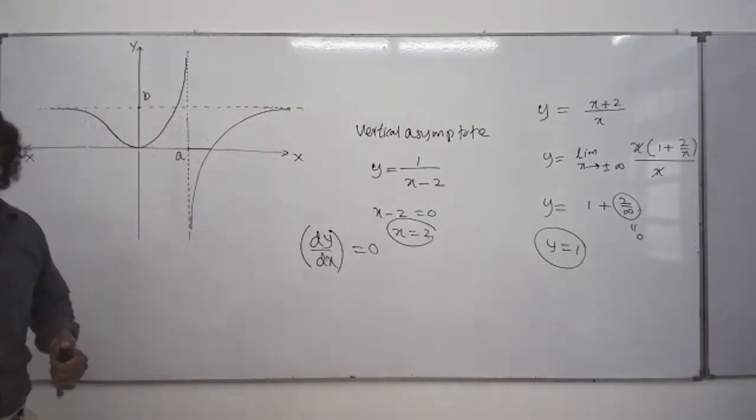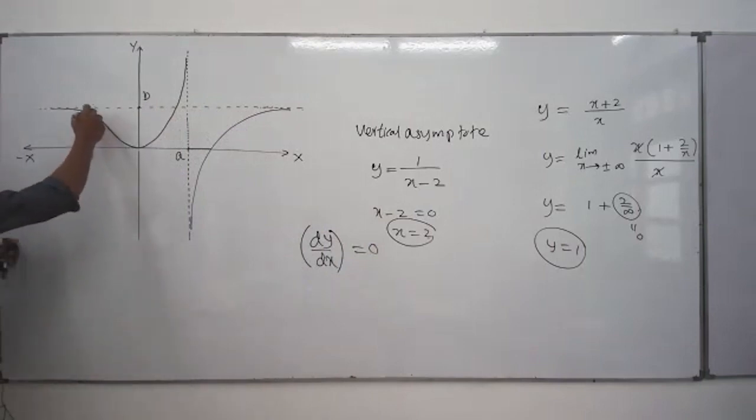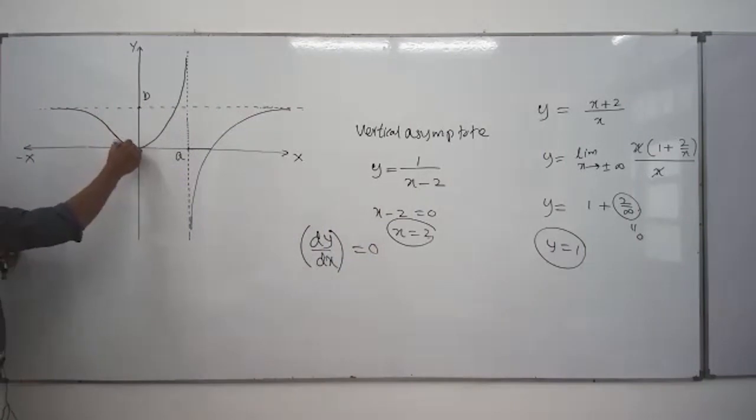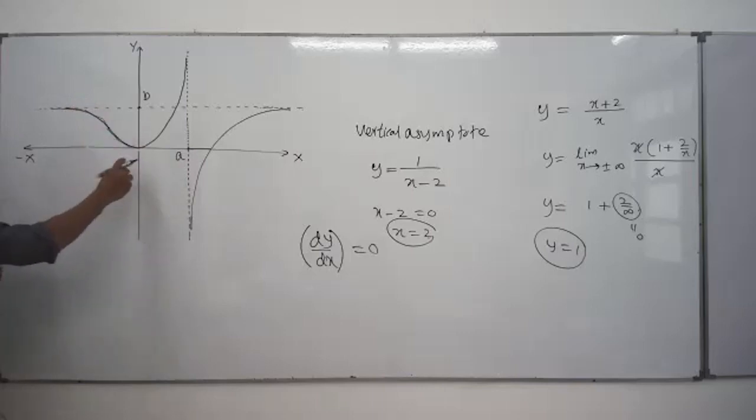The other thing is here. You can see here, when we keep drawing the tangents to this graph like this, you see when we keep drawing the tangents, on one occasion here, the tangent crosses the graph. Here, this is that place.